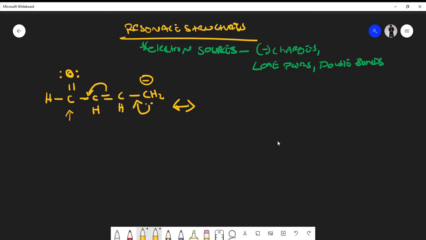Now, because this carbon has 5 bonds at this point, we'd take one of these from the double bond. We could take a single bond and put it in the form of lone pairs on this oxygen. So let's recap what we actually drew. We still have our hydrogen. This is now bonded to a carbon that now has a single bond to the oxygen with 3 pairs of lone pairs.